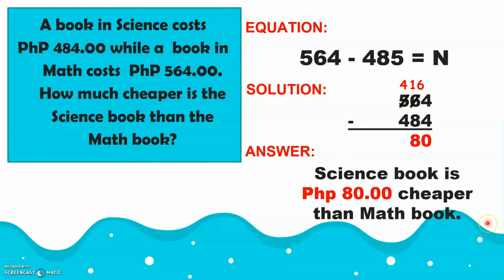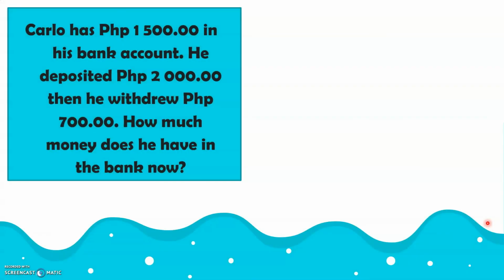Okay? So, for our last example, Carlo has 1,500 pesos in his bank account. He deposited 2,000 pesos. Then he withdrew 700 pesos. How much money does he have in the bank now? So first, what is being asked in our story problem?